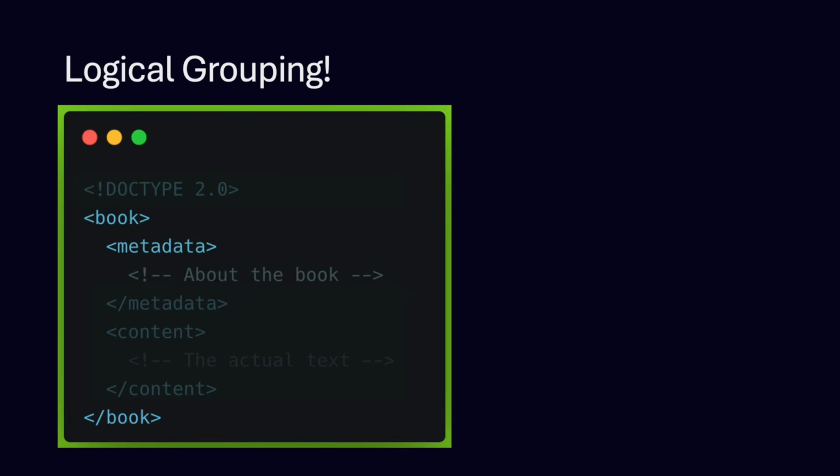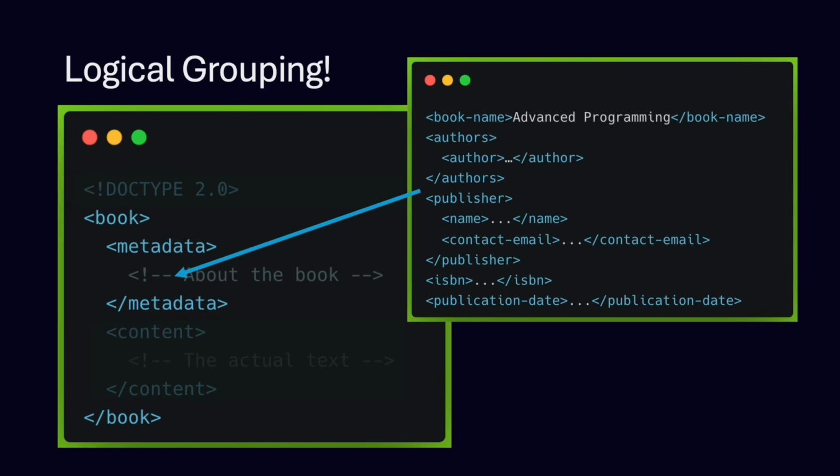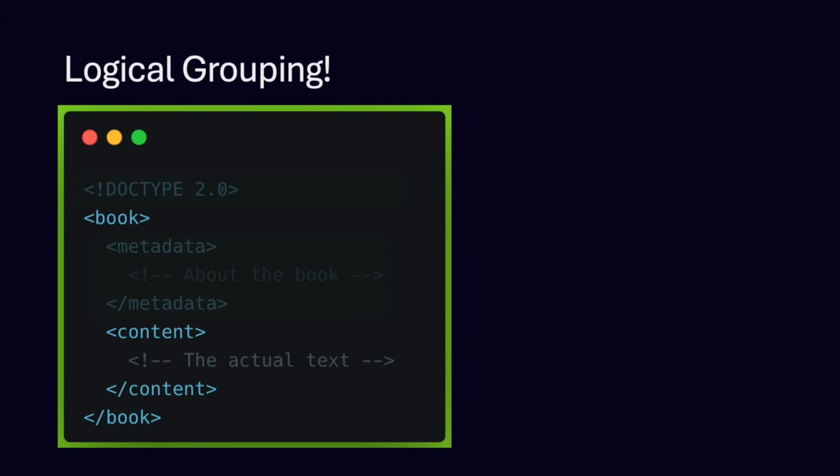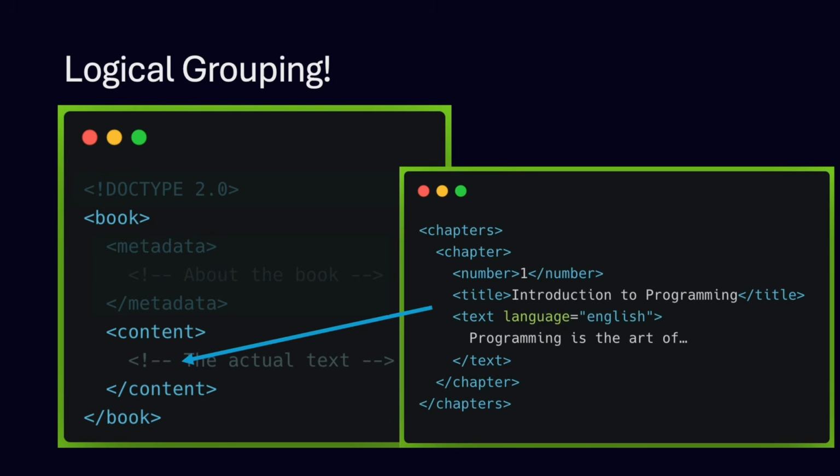Second, I have a metadata section for all the information about the book, like title, authors, publisher details, and so on. Third, I have a content section for the actual book text. Chapters, paragraphs, the stuff readers will see, all goes here.